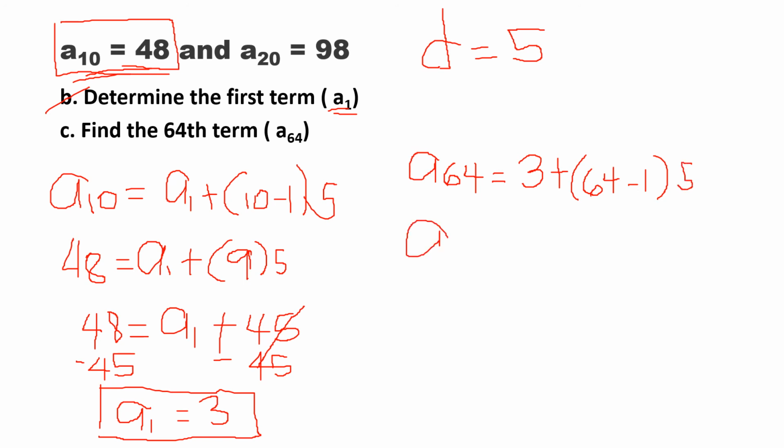So we have a 64 equals 3 plus 64 minus 1, 63 times 5.